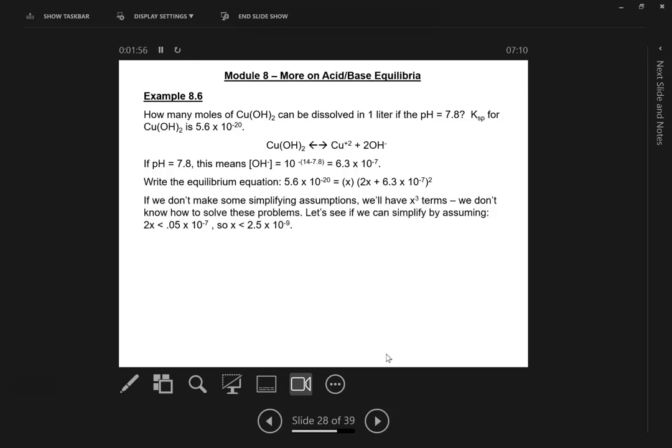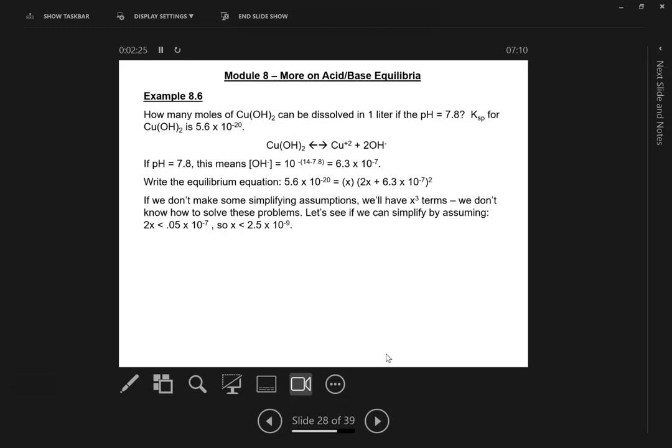Now we hope that we can make a simplifying assumption, because if we don't, we're going to have x cubed terms, because the 2x in the parentheses squared would give us 4x squared, multiplied by the x would get a 4x cubed term. And we don't really know how to solve cubics. So let's see if we can simplify this by making an assumption.